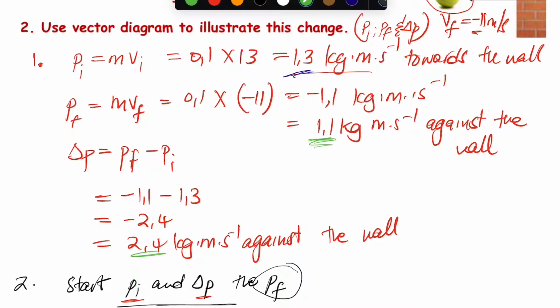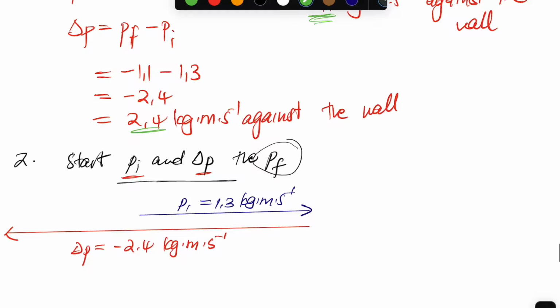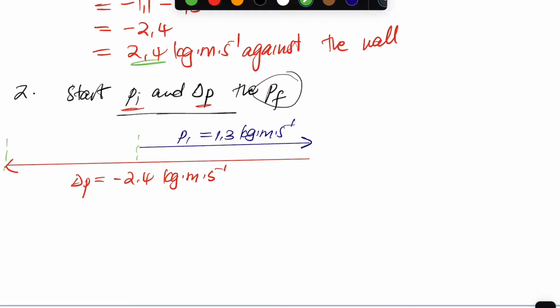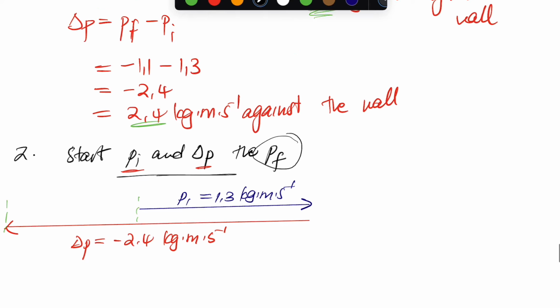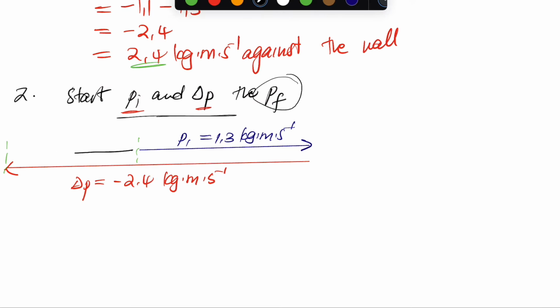Right, this 1.1, you draw it from the tail of the first vector to the head of the last vector. Here's the tail of the first vector and head of the last vector. So you're going to draw it in this direction. It's going where? Against the wall, which is going to the left. So in this direction here, you draw in that direction.